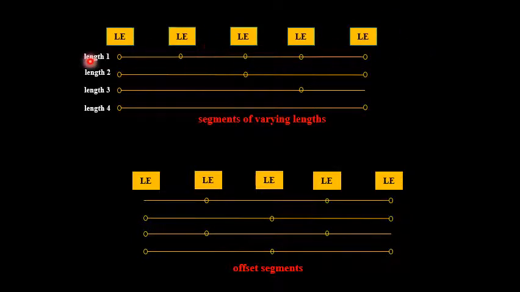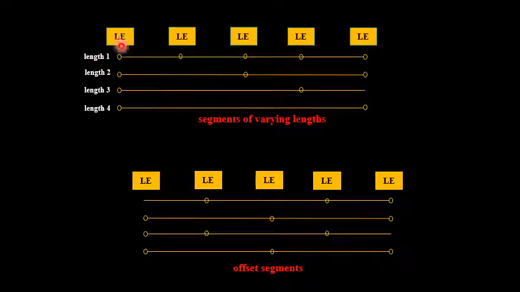If you see here, I have used 4 distinct interconnects, named length 1, length 2, length 3 and length 4. So this is the first signal, second signal, third signal and fourth signal of different possible lengths. The top signal, which you see over here, is length 1.